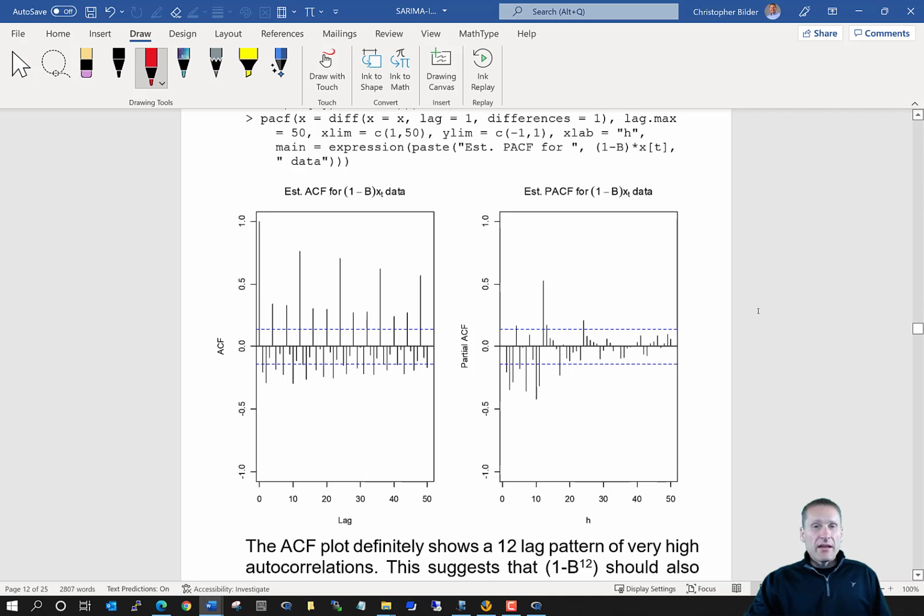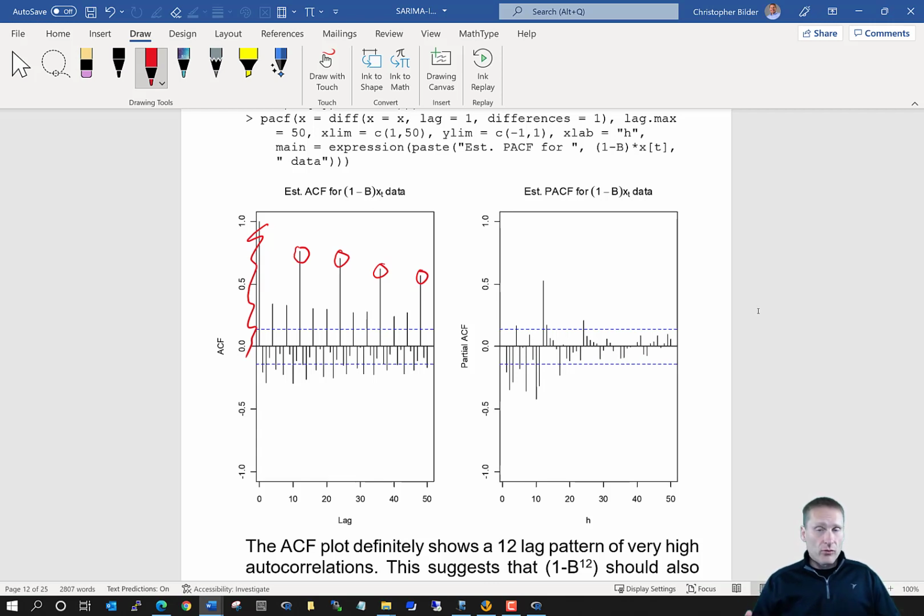Now, with the ACF plot of these first differences, we still see that we have problems associated with the seasonality aspect of our model. We have these large autocorrelations happening at multiples of lag 12.